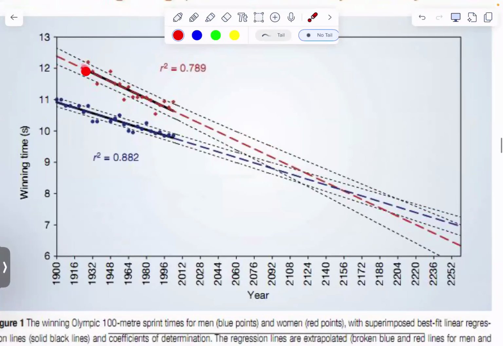And so we have some observed data for the women, in red. And we have some observed race times for the men. Then what they did is they just extended these lines.